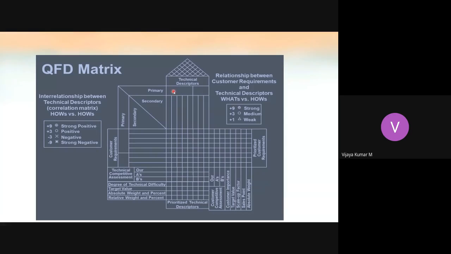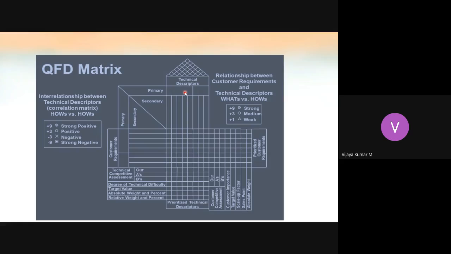Primary information is steel, and in that, some specific proportion is there, that is the secondary information. If you have tires, how many tires? That could be the secondary information. So like that, in the technical descriptors, that is the second step, right? You may have primary information, secondary information, or depending upon the problem nature, the customer requirement and the product category or service category, the primary, secondary, tertiary, or 4 or 5, the levels may change.